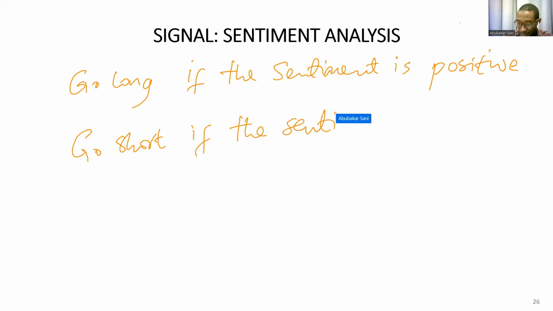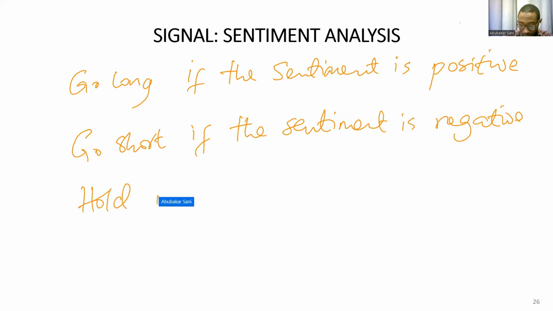So people are not happy with, let's say, Tesla or Apple. Okay? So this is sentiment analysis. This is how it is used in the context of financial trading and investing. You can sometimes just hold if the sentiment is neutral, so you don't want to buy or sell because people are not happy or sad about it.